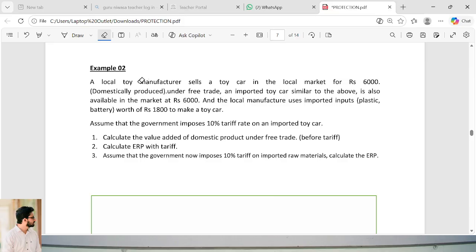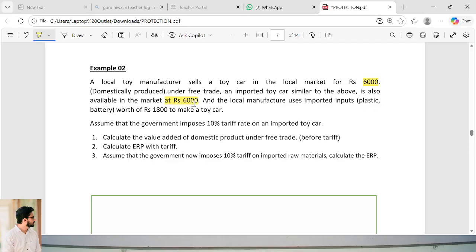A local toy manufacturer sells a toy car in the local market for 6,000 rupees, domestically produced under free trade. An imported toy car similar to the above is also available in the market at 6,000 rupees.